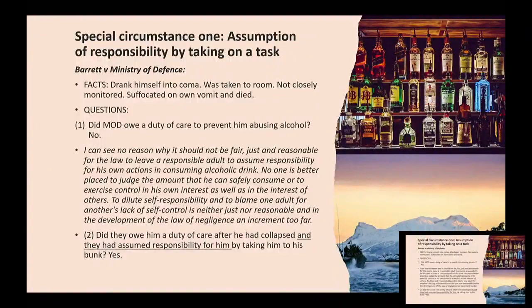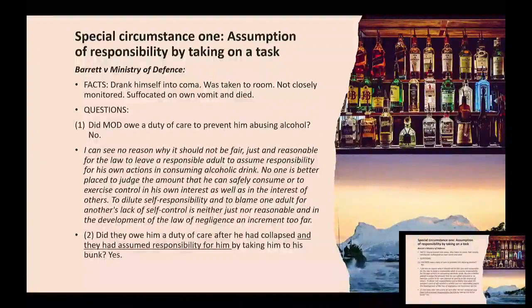Now, this case can raise a bit of a conundrum. If you look at it, you can start to think, well, what if they hadn't assumed responsibility? What if they hadn't taken him to his cabin and just left him comatose on the chair and he had died? Would they have been liable then?